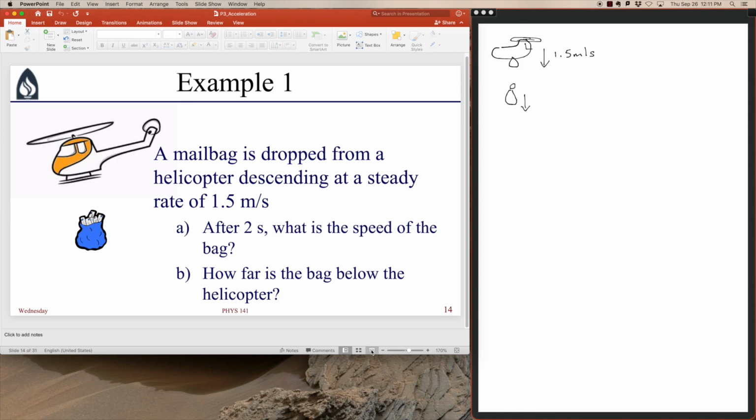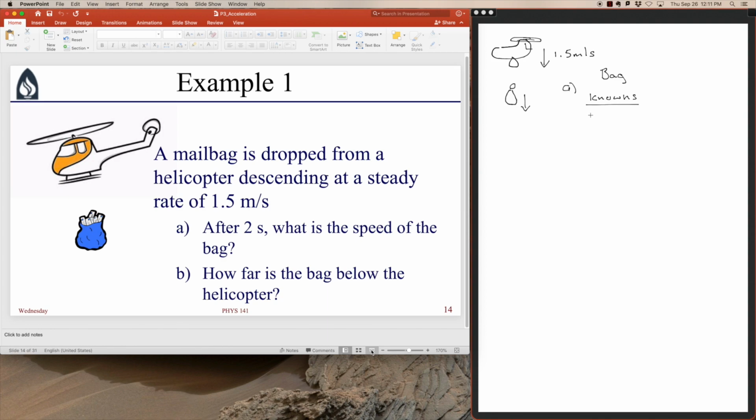So the next thing I should do is write down the knowns and unknowns for my problem. So for part A, the things that I know about the bag, so here I am looking specifically at the motion of the bag, is that the bag initially is moving downward along with the helicopter.